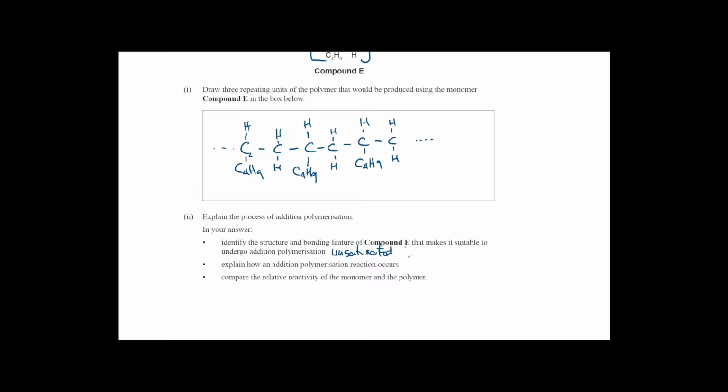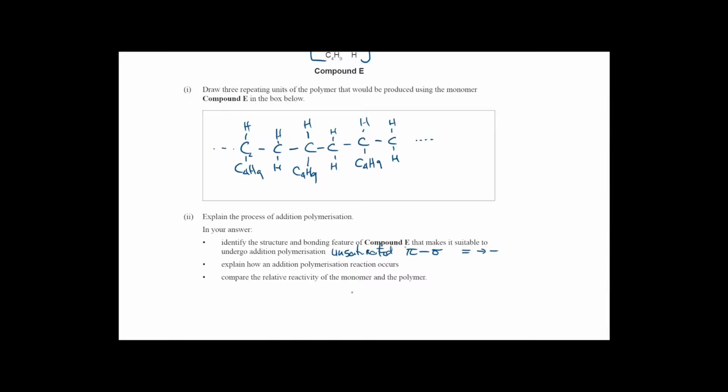And what's going to happen is that the pi bonds are going to make way for sigma bonds. So in other words, this double is going to make way for a single bond, and that's going to allow us to repeat. It's iambic, if you want to be Shakespearean. On, off, on, off, on, off.